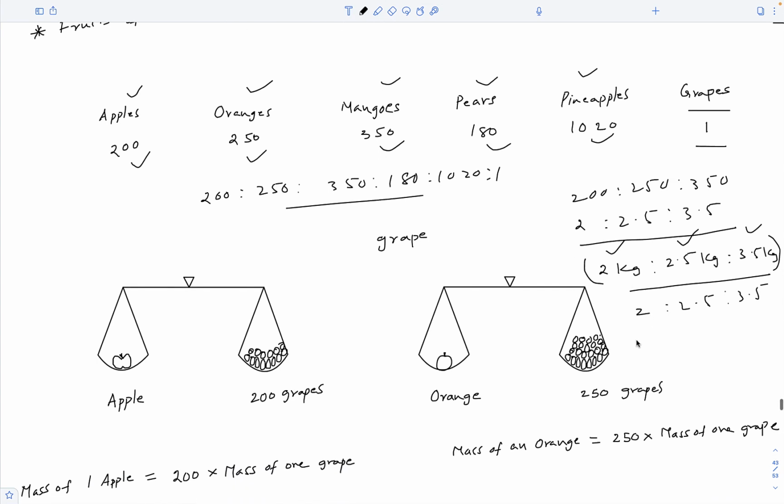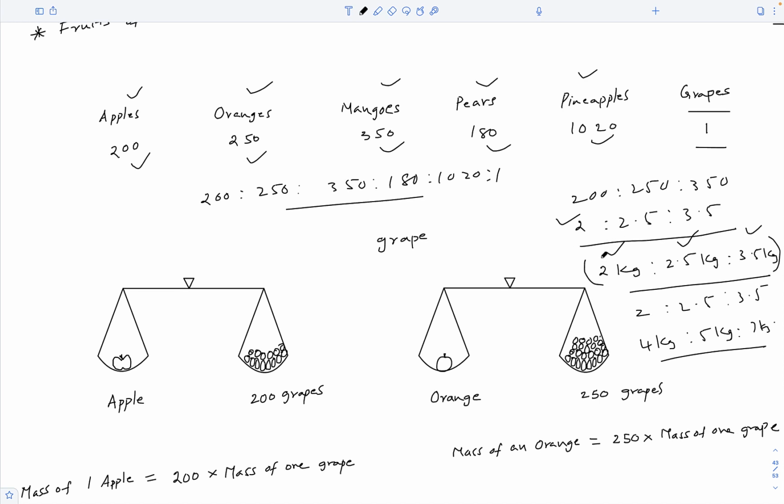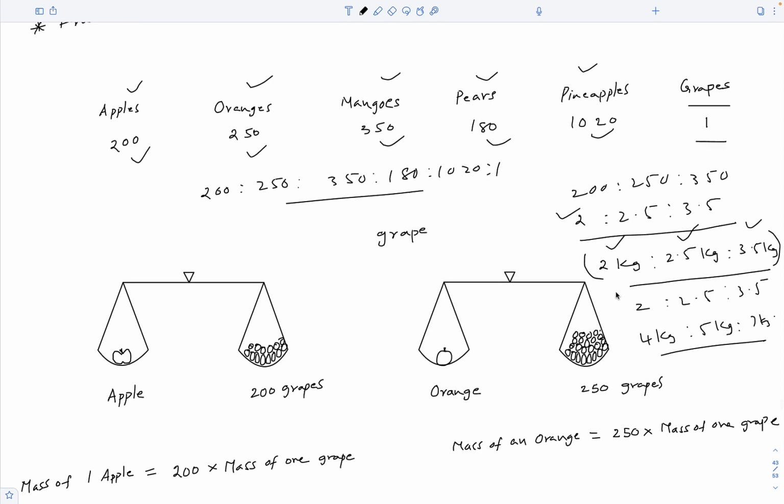Similarly, if you buy 4 kilograms of apples, 5 kilograms of oranges, 7 kilograms of mangoes, again you will have equal number of fruits of each kind, because the ratio of these weights is again equal to the ratio of their relative masses. We are in a similar situation with atoms.